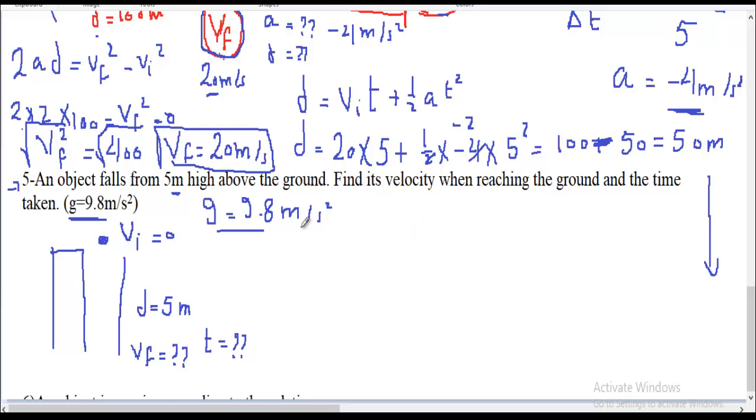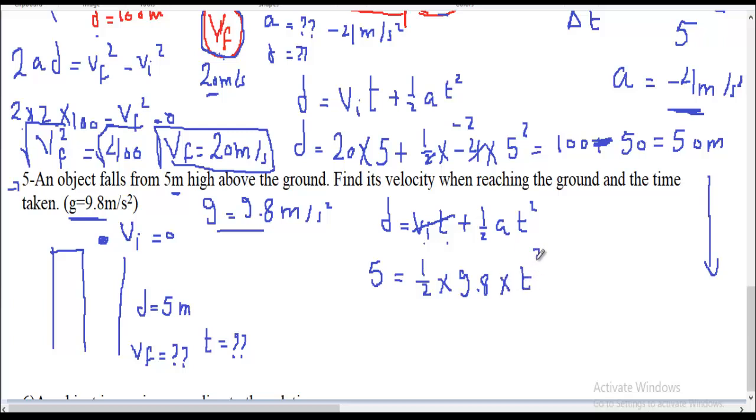So according to your given and unknown, you can use the second equation, d equals Vi t plus half a t squared. d here is 5, Vi equals 0, so you can cancel this term, since 0 times anything is 0. Half times acceleration, which is 9.8, times time to the power 2, which is unknown.